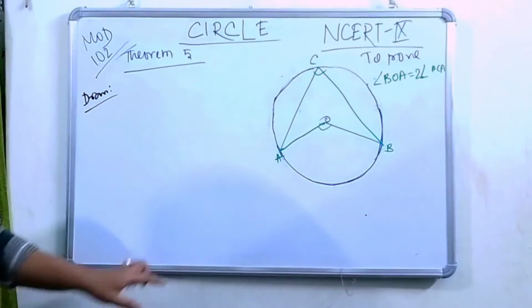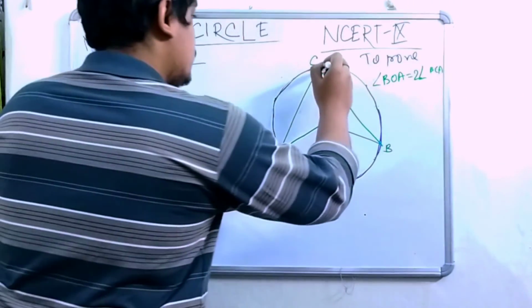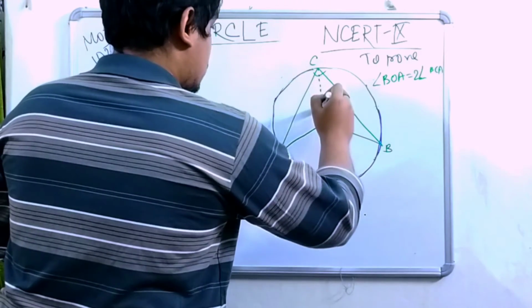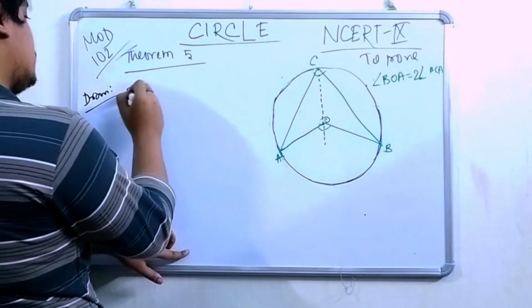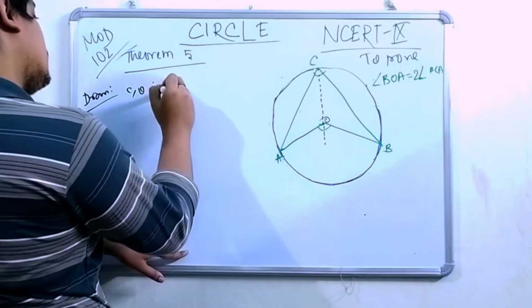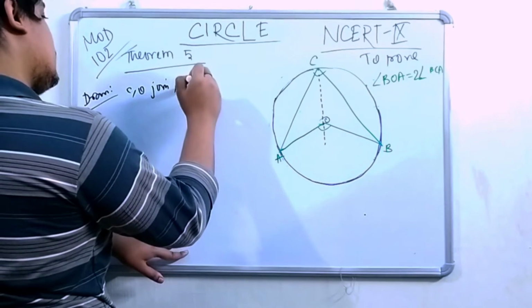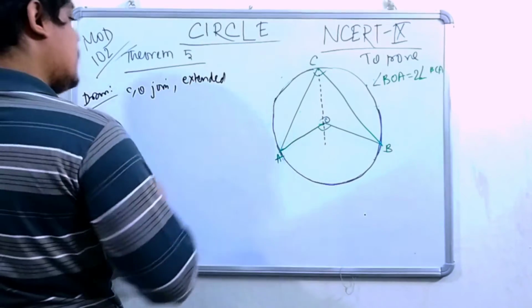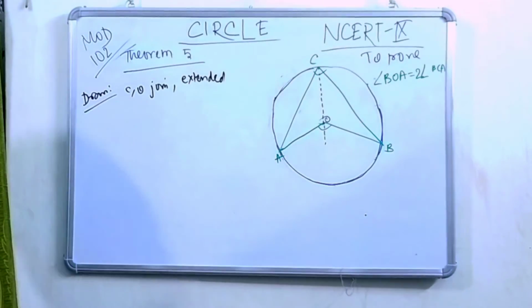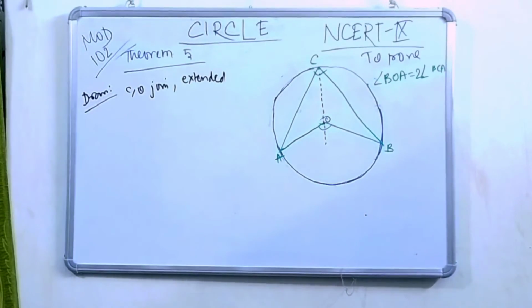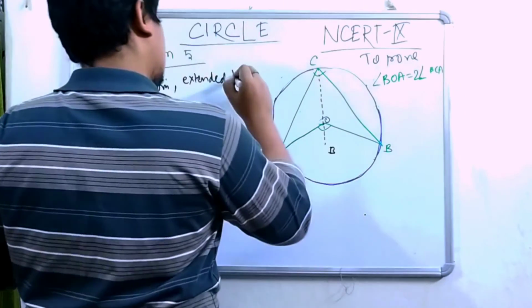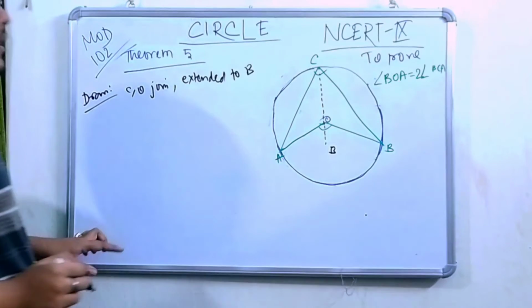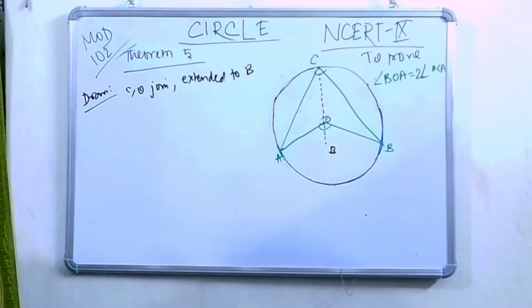I am just joining C and O and extending it. So CO joined and extended. Let's have a point B here, extended to B. Now let's think.